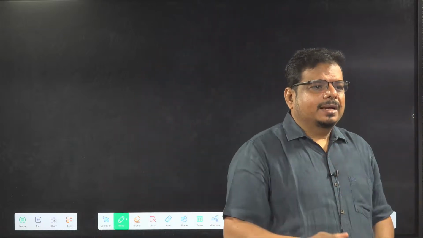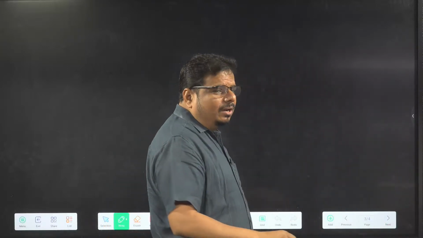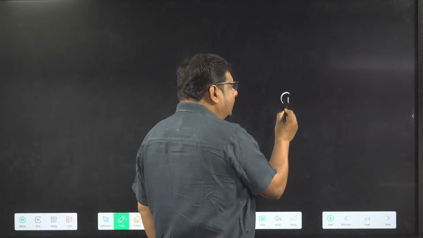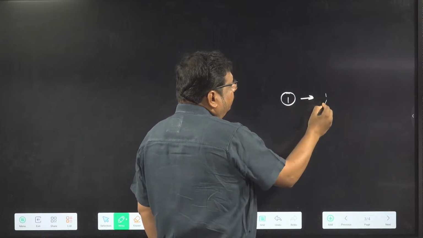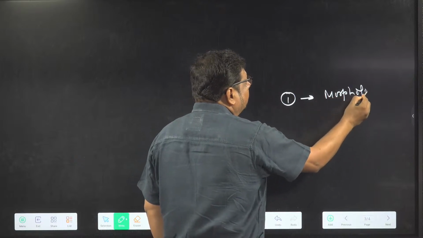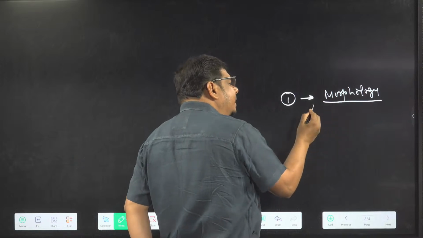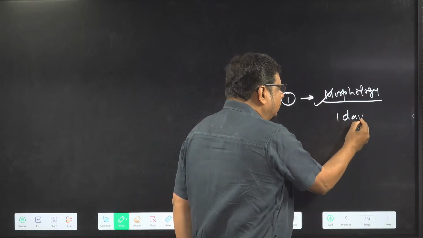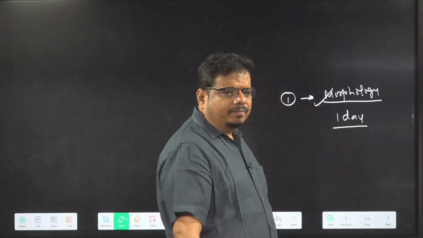Means what I want to say, how it will apply in your life. If you are revising, you are giving a target. I will revise morphology in one day. I am telling morphology as an example because very first we are going to deal with this factual area. It will take your entire day.